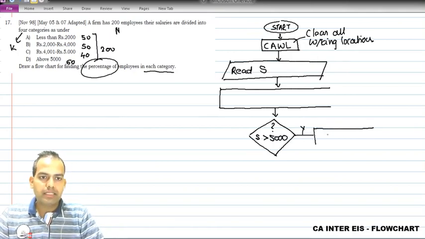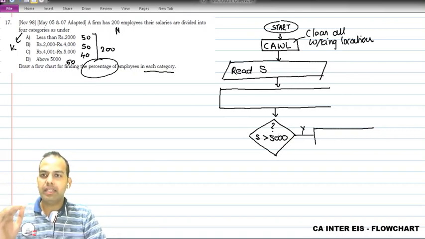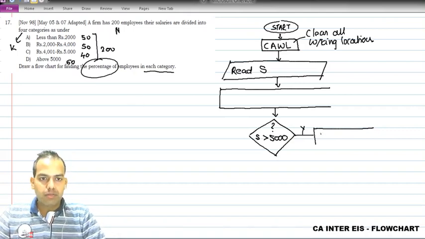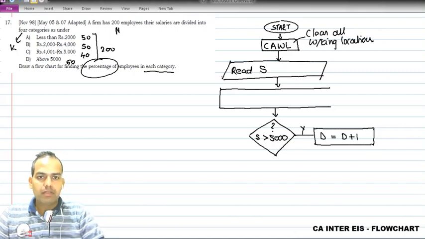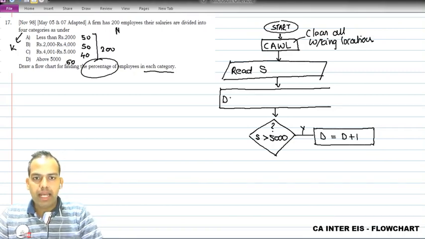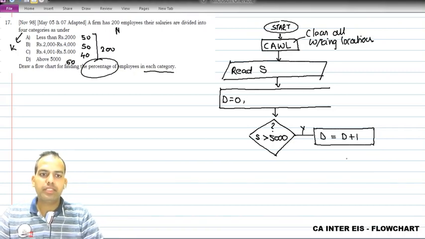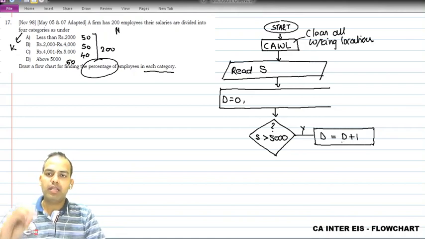If the answer is yes, that means the employee belongs to the very last category, that is category D. So let's have D as a counter, D plus 1, so the value will get stored in D. I'm defining D here as 0, so the initial value of D will be 0. This bucket will have no value. The moment it goes here, yes, the value will be 1. So it will keep on counting.